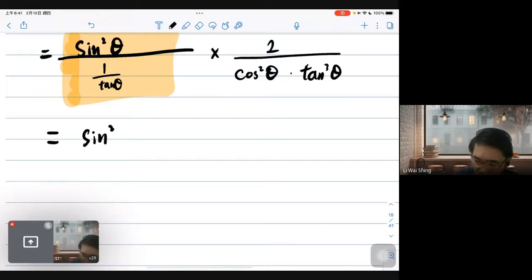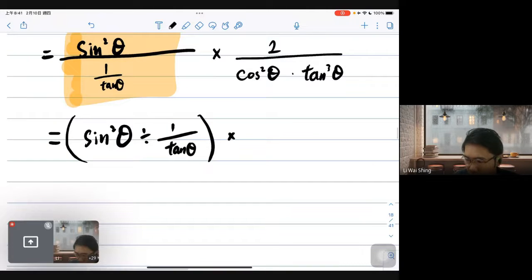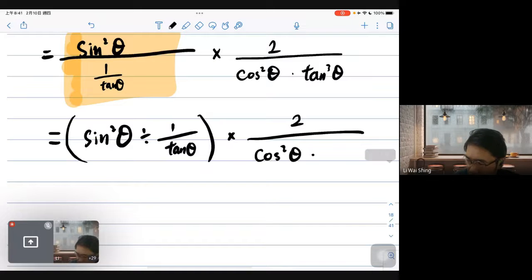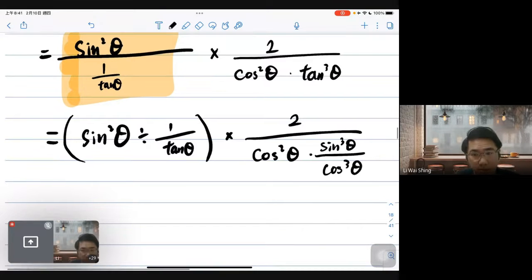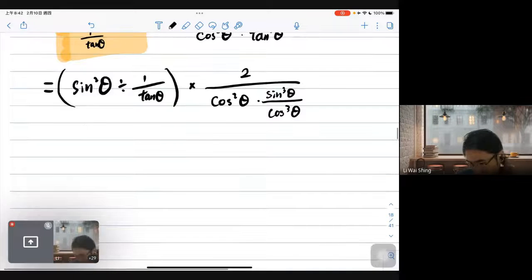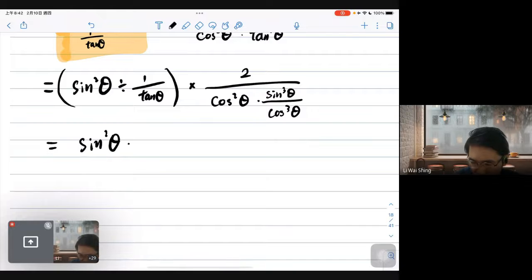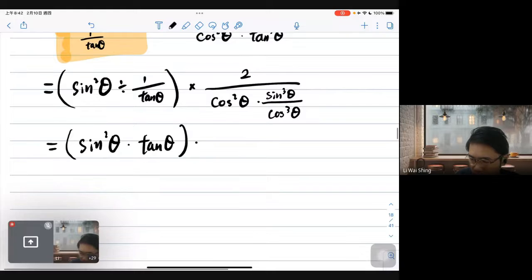Some students don't know how to do it, so I have to explain. Simplify it first. If there are 3 layers, I simplify it. Here I don't have 3 layers. That's why I can just multiply it by sine cube theta over cosine cube theta. Then in the left-hand side, you will have sine square theta times tangent theta times 2 over.